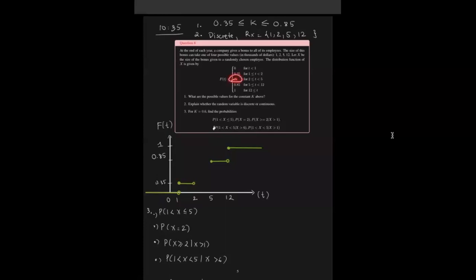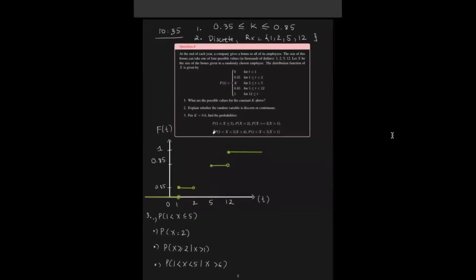So it depends on the value of k. But if k is something in the middle like this, then at both 2 and 5, there is a jump. So the range of x would include both of them. But for example, if it is something like this, then the range of x does not include 2 and only includes 5. It only includes the points that have the jump.